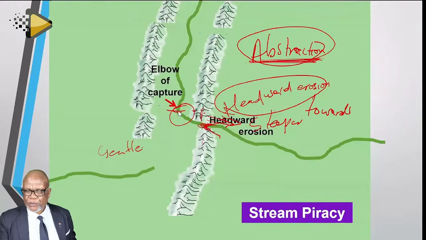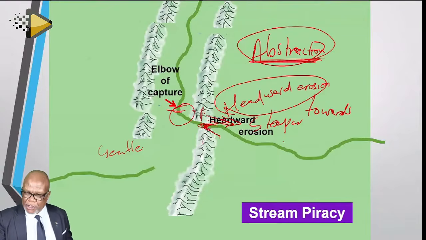This is a point where we call the elbow of capture. That is where river capture has taken place. That is where diversion has taken place, where the energetic river diverts the headwaters, which is the water from the source.